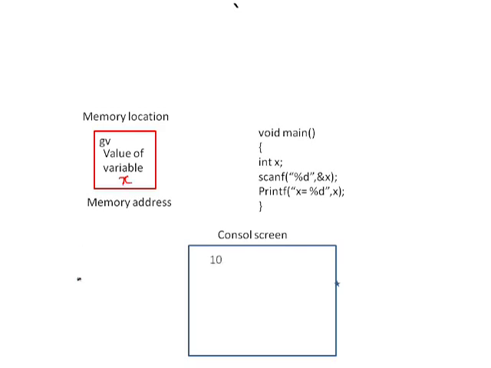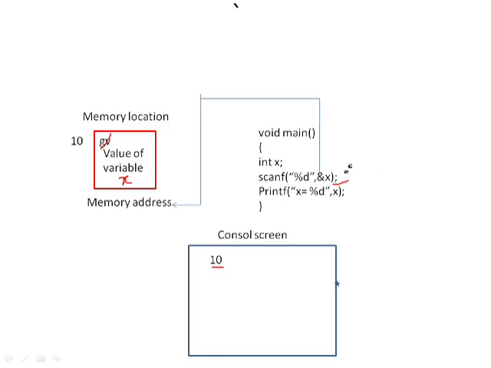See here, whenever the scanf statement executes we read the input 10 through the console from the keyboard. Now the garbage value is replaced by the value 10 here. Now the new value is 10.